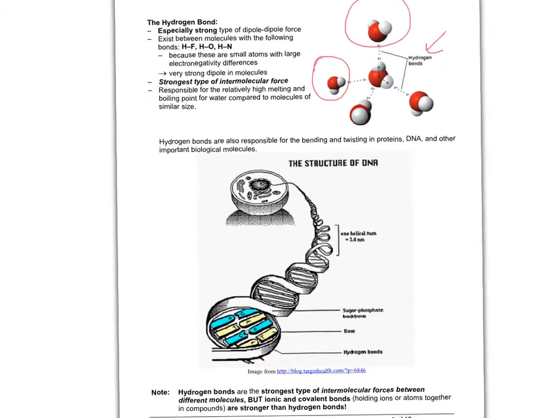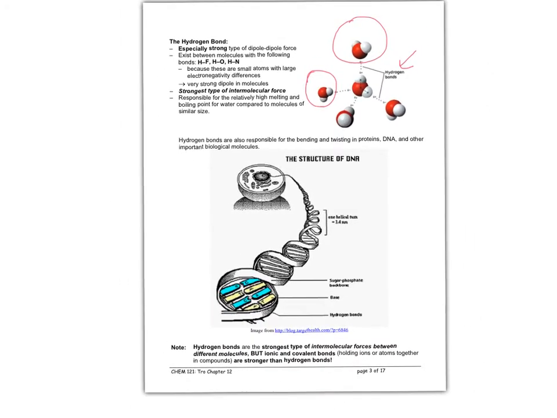An example of what hydrogen bonding would be responsible for is the actual shape of DNA. These two different molecules, this is one molecule here, one strand of DNA is one molecule, the other one's another strand or molecule of DNA, billions of atoms long. The strand of DNA is held together by covalent bonds, right?